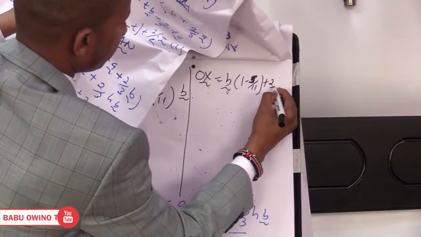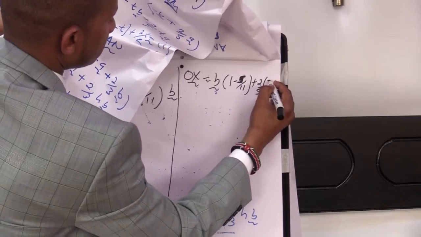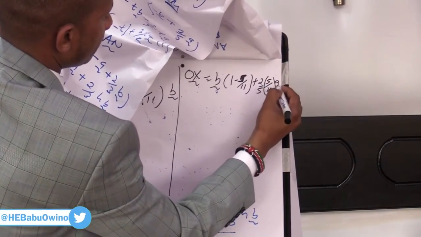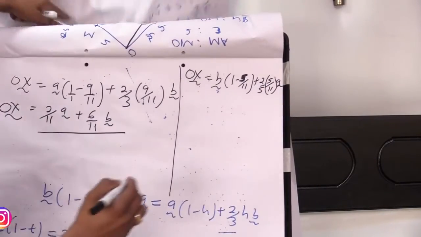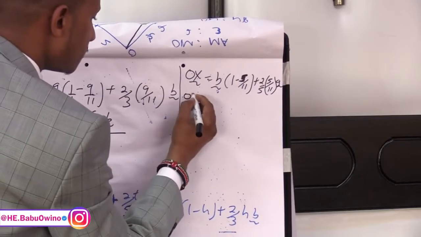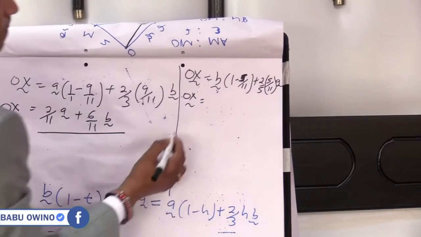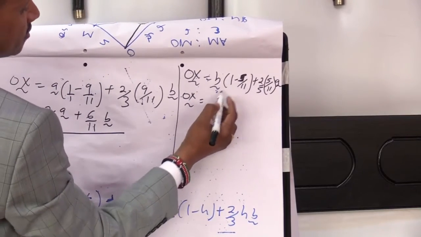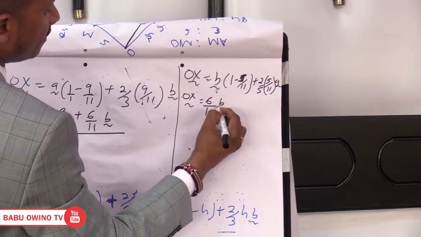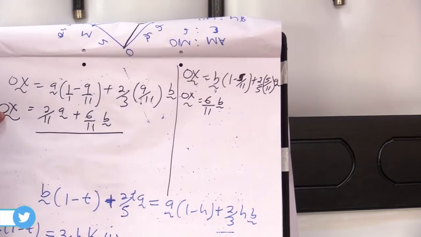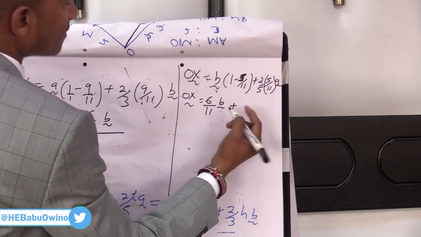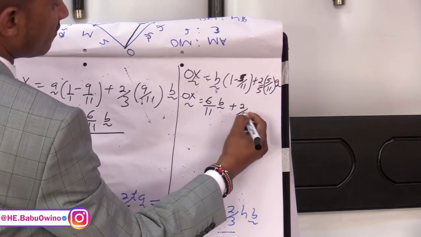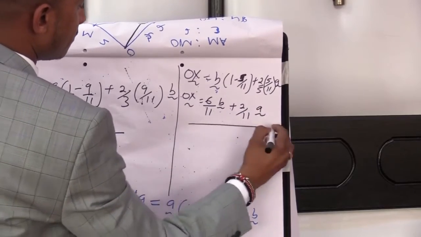Our T is 5 over 11 of A. So OX equals to 6 over 11 of B when you simplify this, plus 2 over 11 of A.